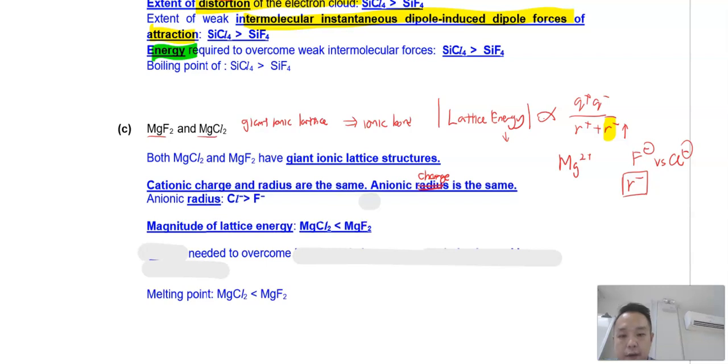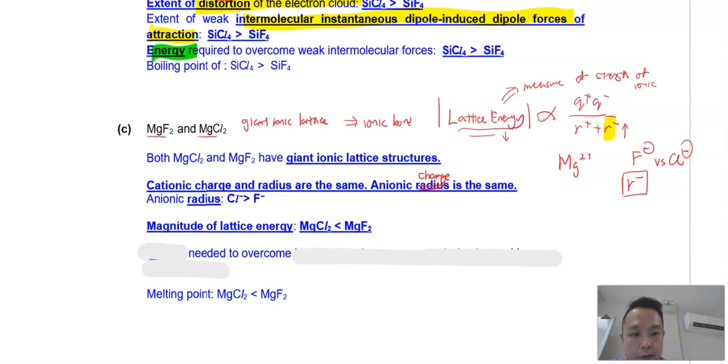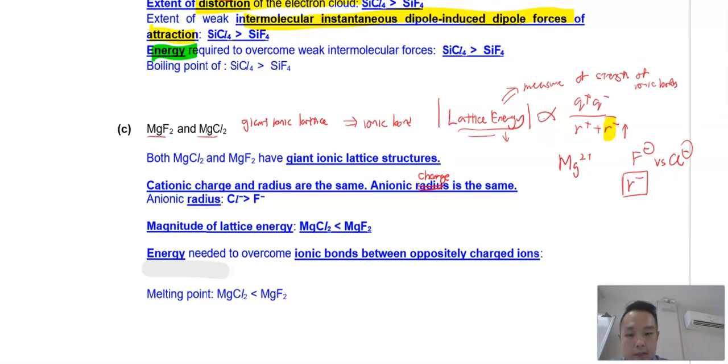So MgCl2 will have a smaller lattice energy magnitude. If lattice energy is smaller, it means the ionic bonds are weaker, because lattice energy is a measure of the strength of ionic bonds. So we look at the energy requirement to overcome the ionic bonds. MgCl2 will require less energy, and that's why the melting point of MgCl2 will be lower than that of MgF2. Okay, with that, we're done with question 9.